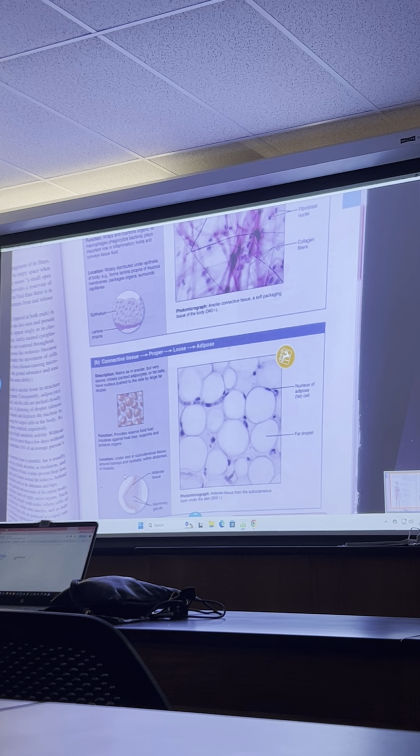Doesn't this look a little bit like honeycomb? I'll answer it for you, yes, it does, okay? But these are not empty cells. They look like they are, maybe they are now, but they used to have a drop of oil in them. What kind of cells are these? Adipocytes, fat cells.